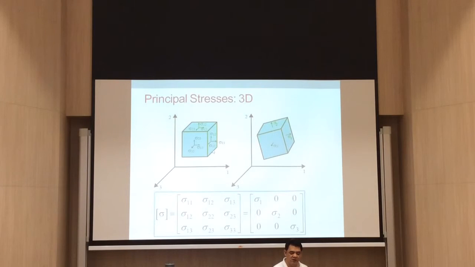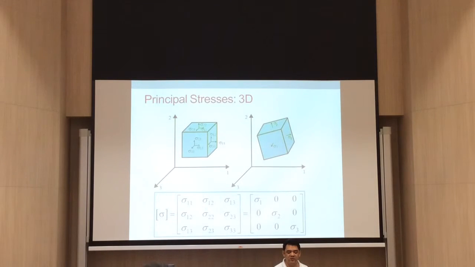So in total, there will be 6 shear components, and then we have 3 normal components. If we rotate this, we will be able to get a situation wherein there will be only 3 normal stresses. That will be sigma 1, sigma 2, and sigma 3.